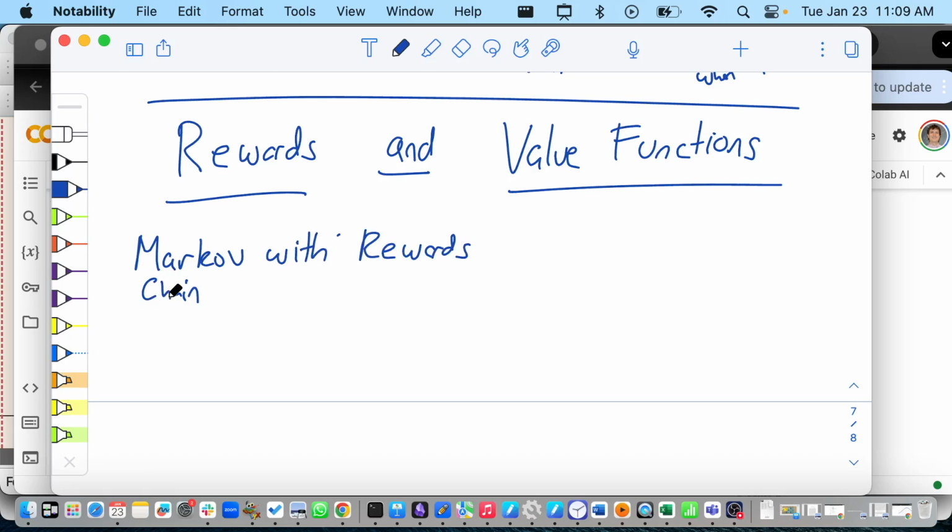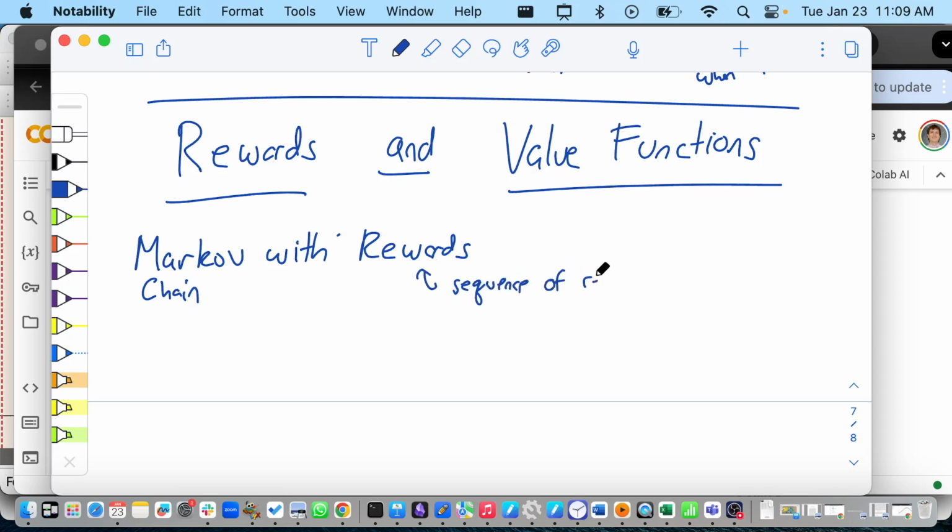So a Markov chain is just a sequence of states. Where are you at time 0? Where are you at time 1? And it's random, and it evolves in this specific way with the transition matrix. We have all of that like before. We're adding one new thing, which is the rewards. And the rewards are a sequence of real numbers.